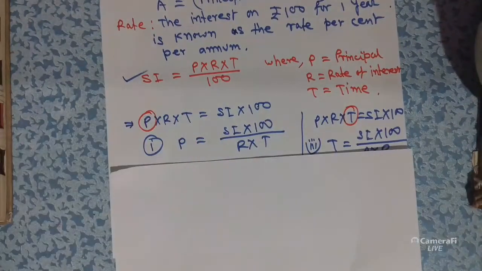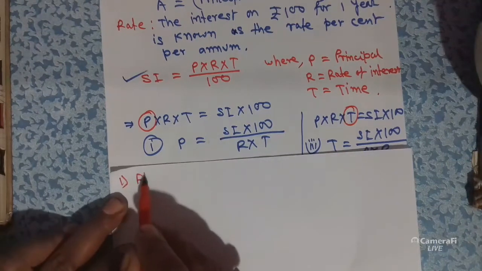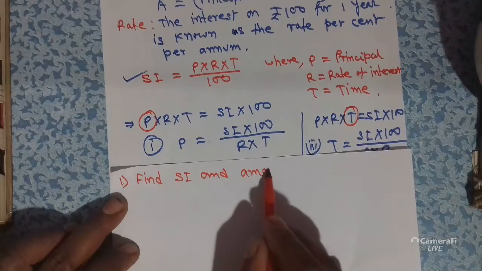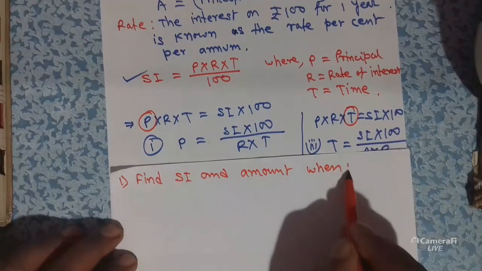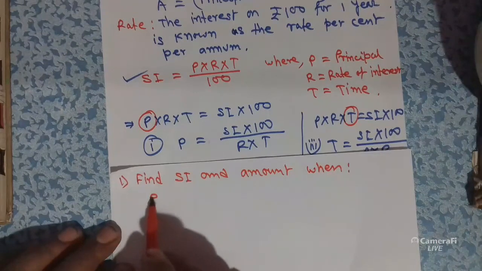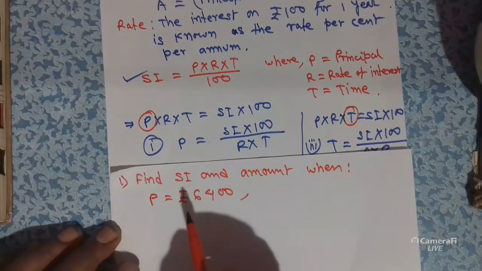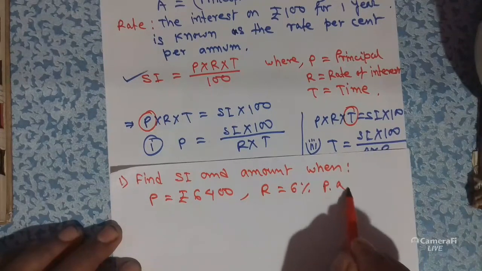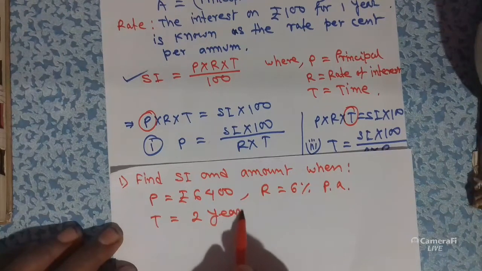Now the first example is: find simple interest and amount when principal is rupees 6,400, rate of interest is 6% per annum, and time is equal to 2 years.